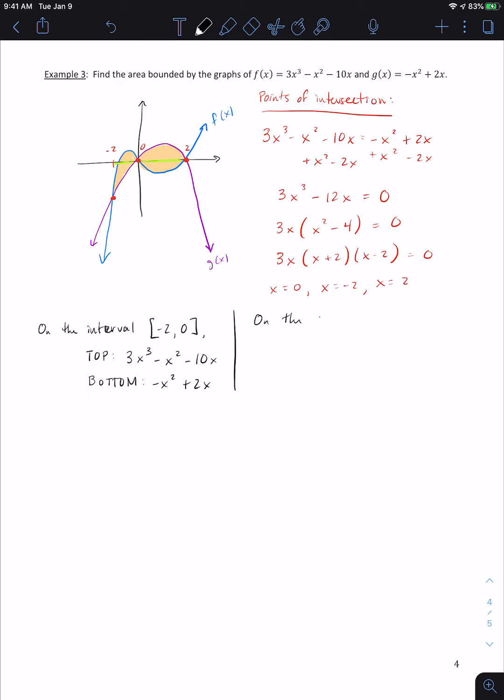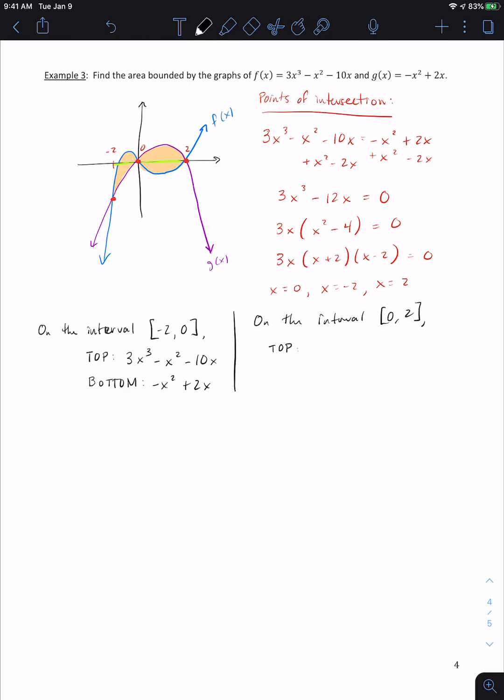On the other interval, which is from 0 to 2, my top function is going to be g of x, which is negative x squared plus 2x, and my bottom function is going to be the blue function, which is 3x cubed minus x squared minus 10x.